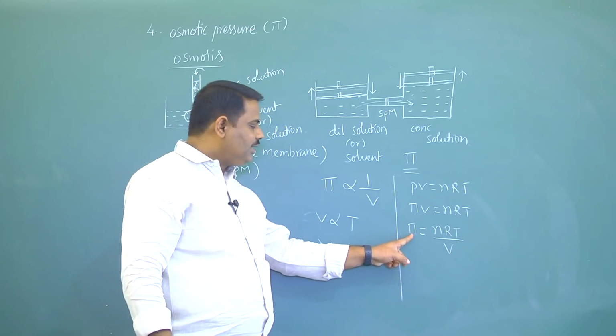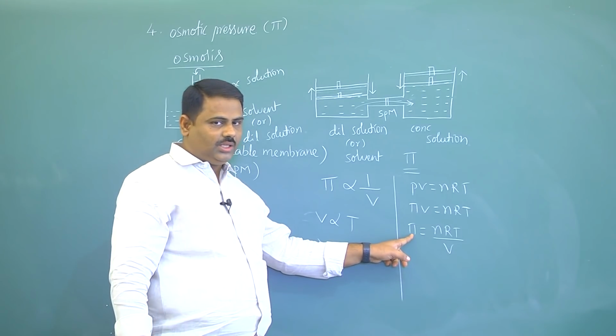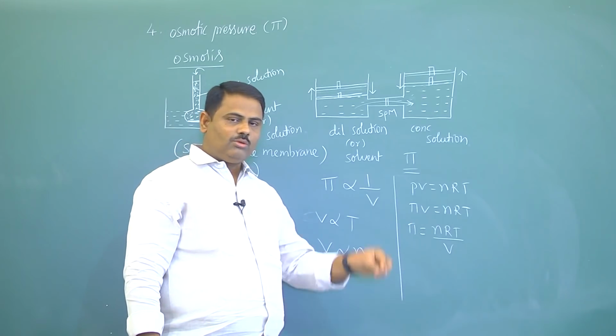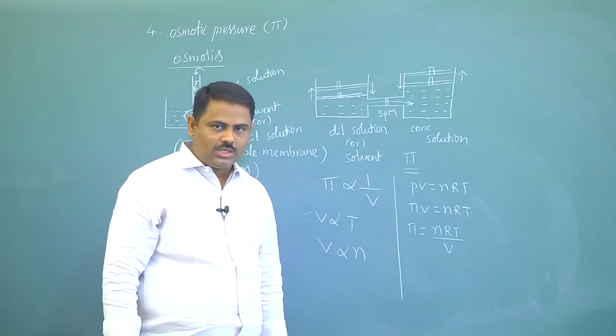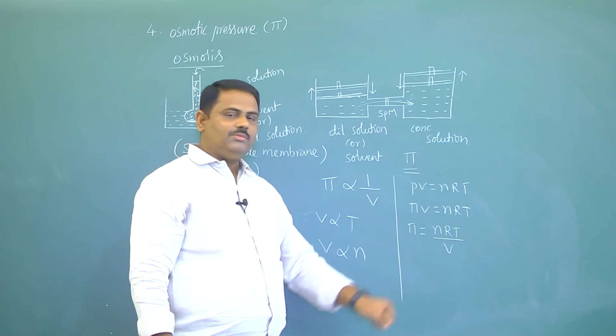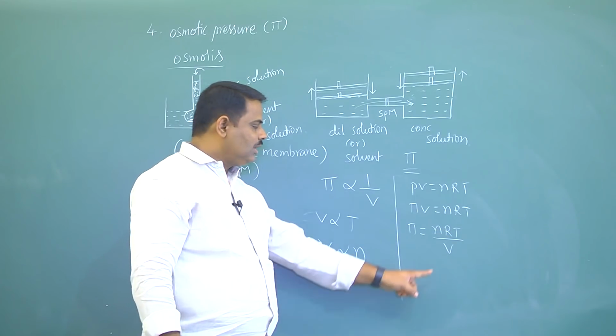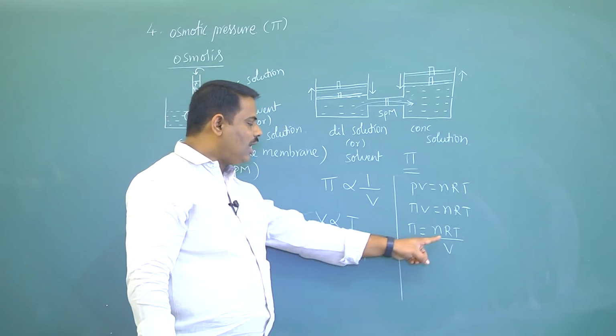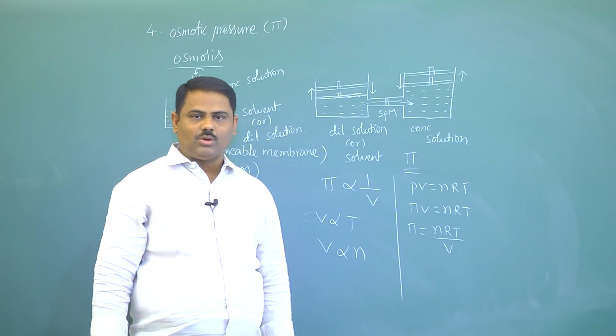What is π here? Osmotic pressure of the given solution. What is n? Number of moles of solute in the given solution. T is absolute temperature, V is volume of solution, and R is the universal gas constant.